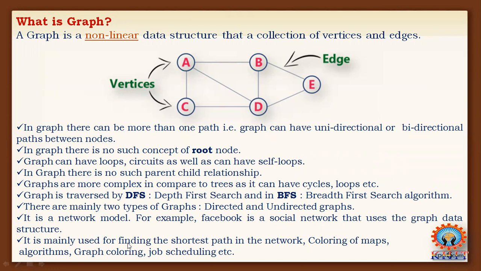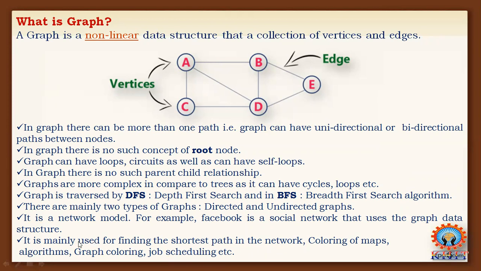It is mainly used for finding the shortest path in the network. So basically, the application of graph is finding the shortest path in a network. Consider this is the network. If you want to establish a well-connected network among those nodes, you can always find the shortest path network.